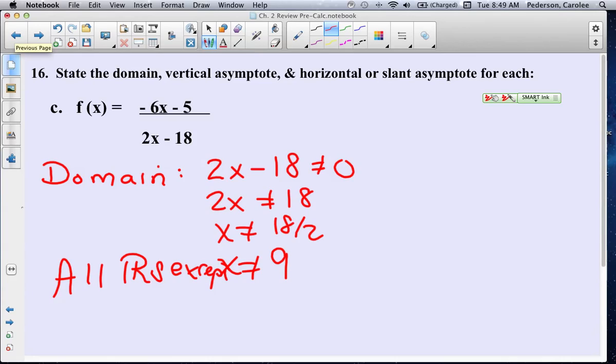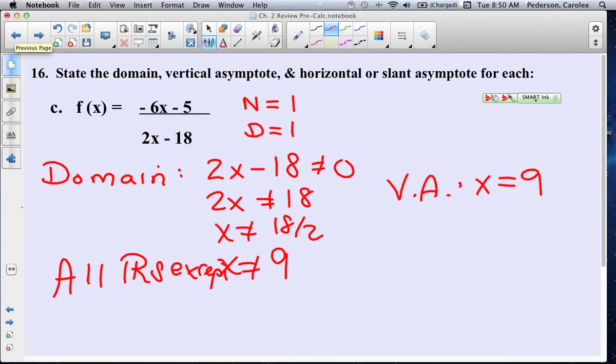Then the vertical asymptote would occur where? At 9. So there's a vertical asymptote at x equals 9. Then we look at the horizontal or slant asymptote next. The degree of the numerator is 1. The degree of the denominator is 1. So what do we do when the degrees are the same?